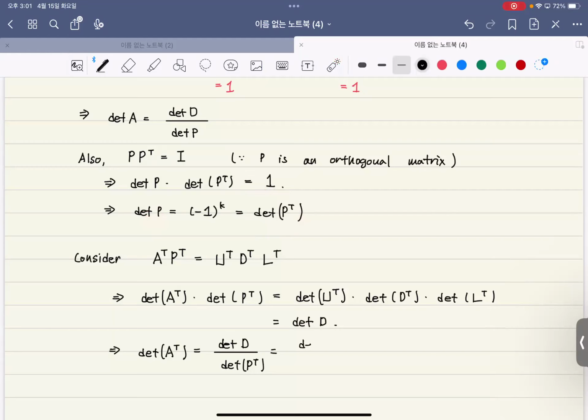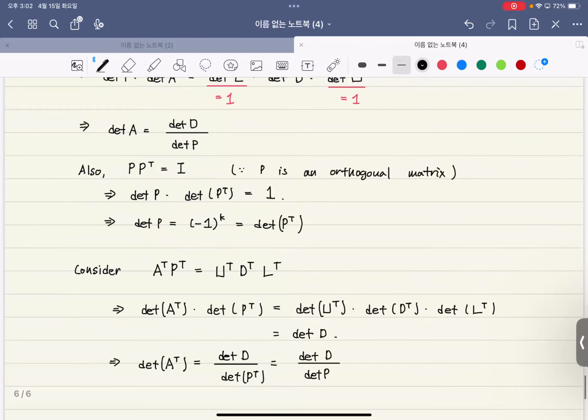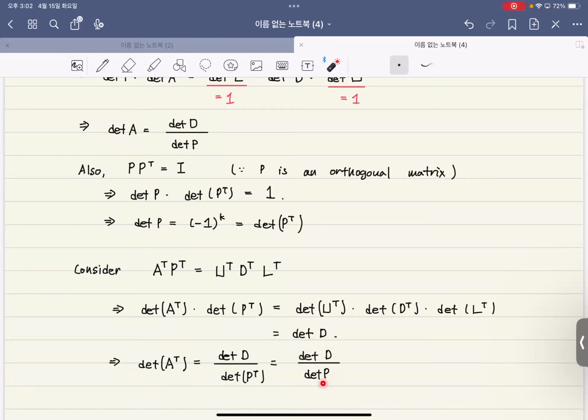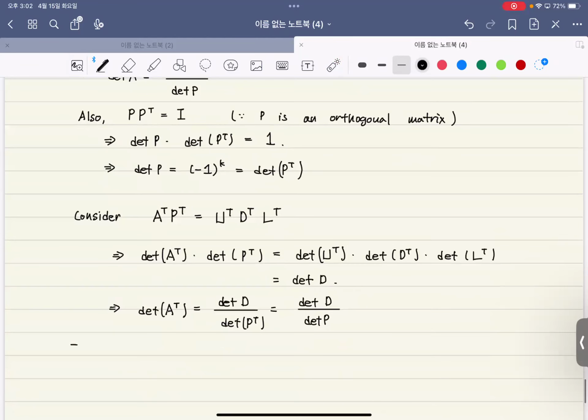So it's just determinant of D divided by determinant of P. Comparing this and that, those two numbers are the same number. Great, so the biggest theorem has been proved.